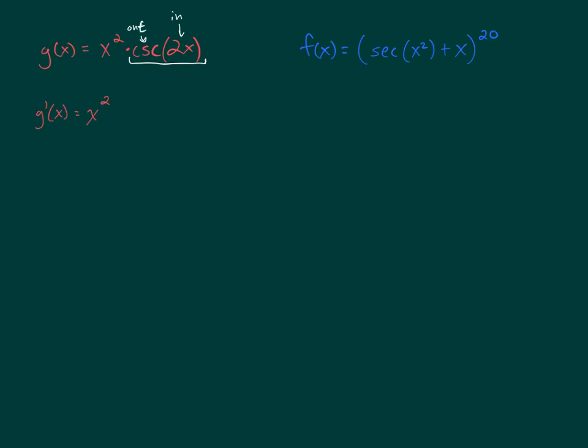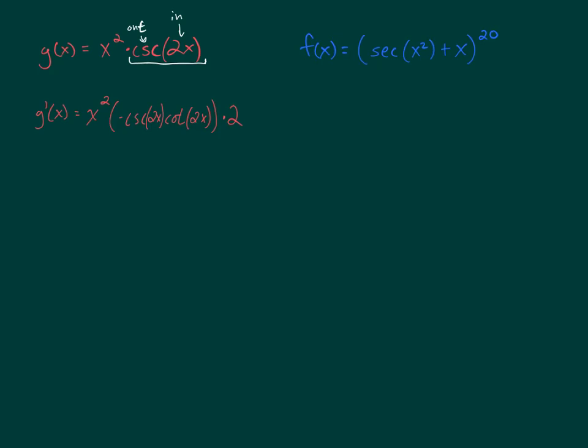That means I will have to take the derivative of the outer function first. And so the derivative of cosecant is negative cosecant cotangent, and the 2x stays inside untouched. And I will multiply that by 2, as that is the derivative of the inside function.